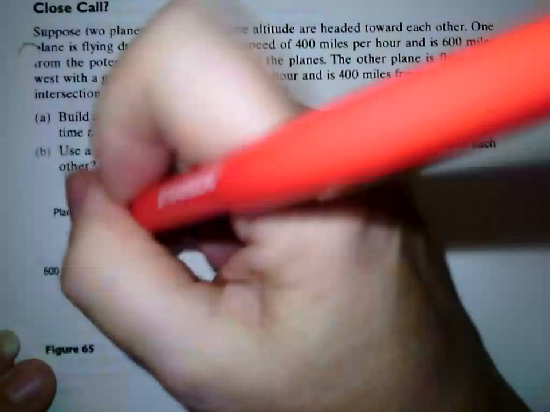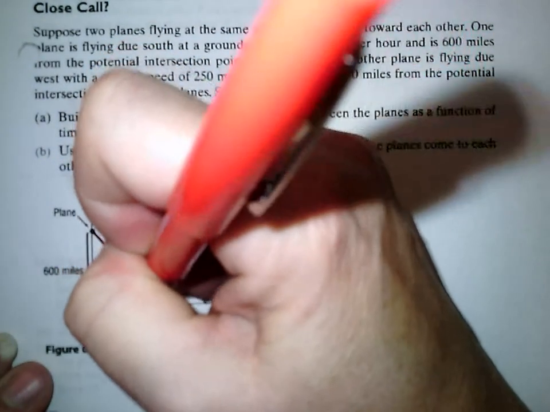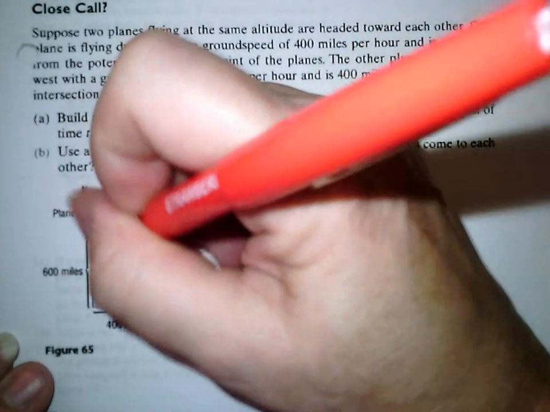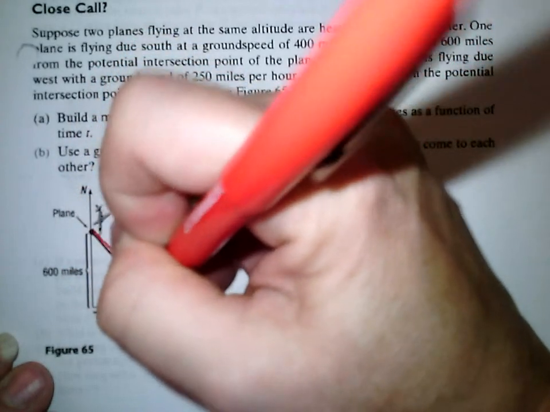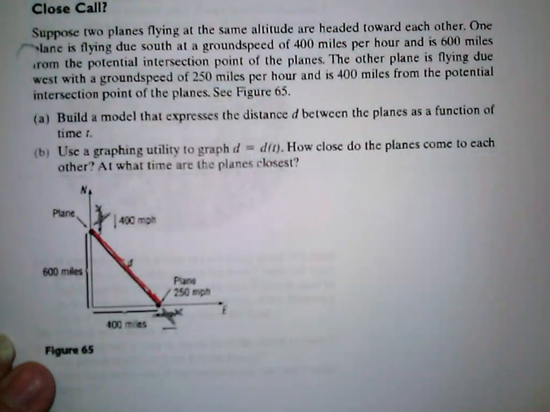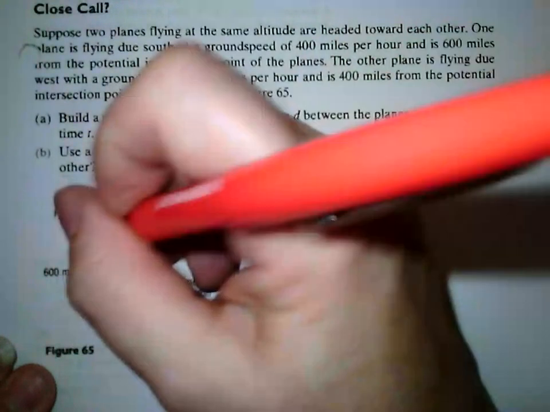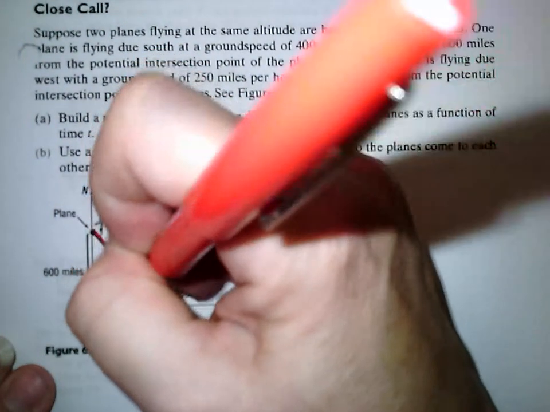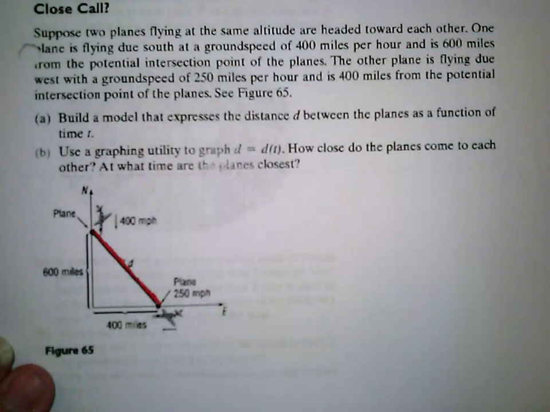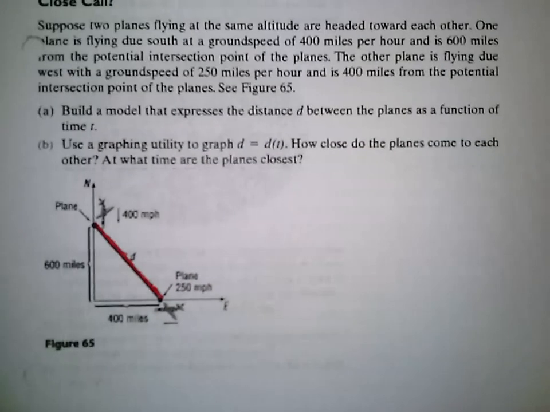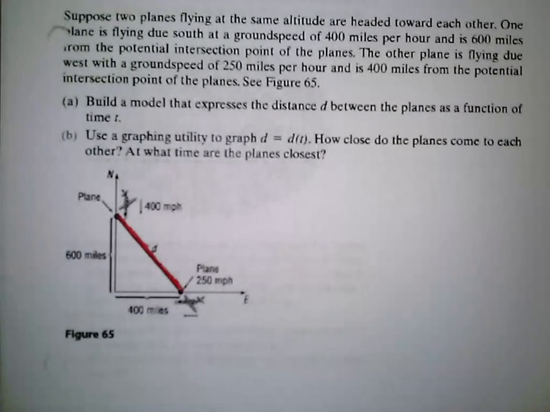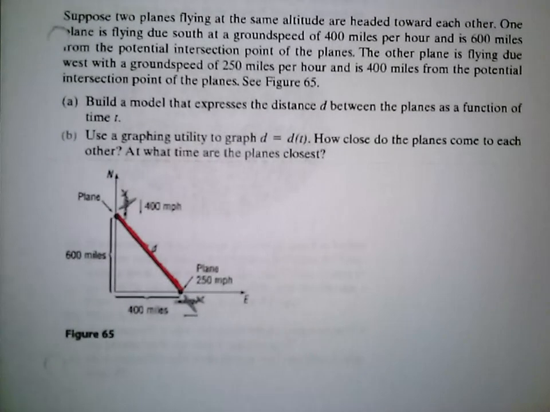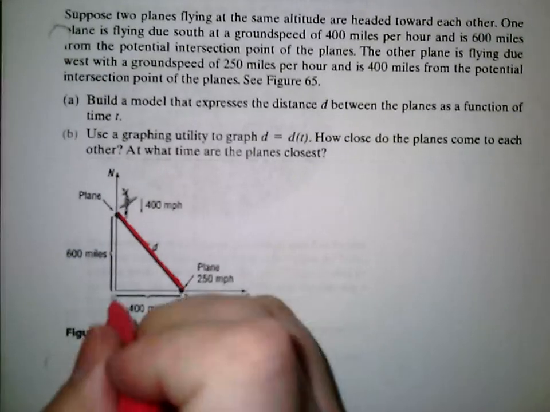So this is what we're after here, this distance between the two planes. Remember, to find distance, we can use the distance formula. That's one way to do it. Or we can use the Pythagorean Theorem. If I look at the distances that the planes are from the intersection point, this is the intersection point.